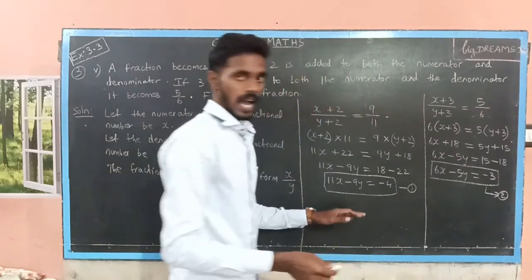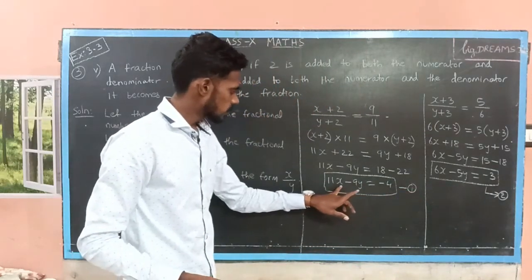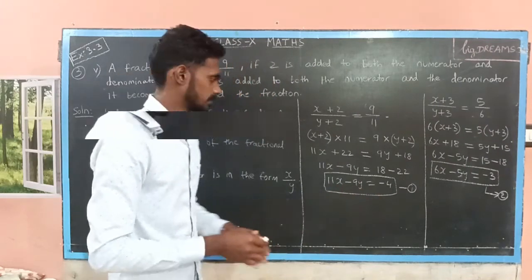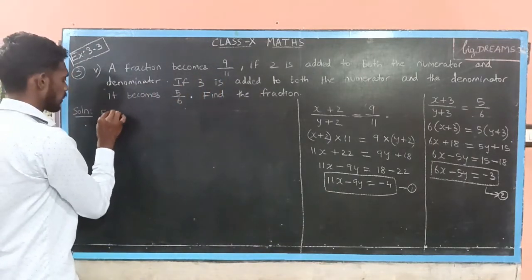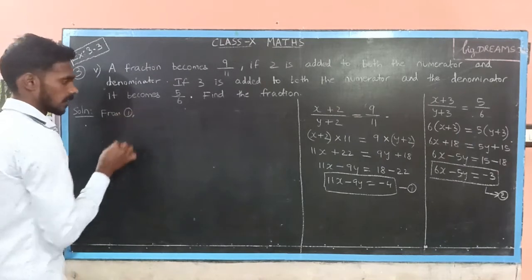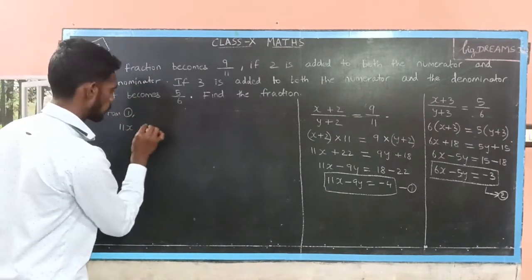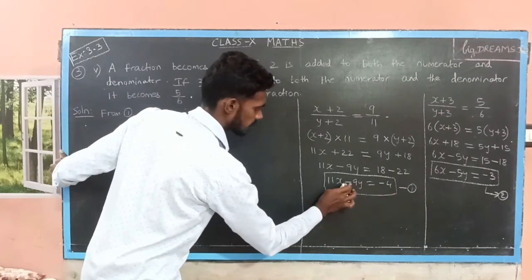Now we have a pair of linear equations in two variables. Now we are going to solve for the variables x and y. Let me take the first equation, 11x minus 9y is equal to minus 4. When we take this minus 9y to the right side, it becomes plus 9y.